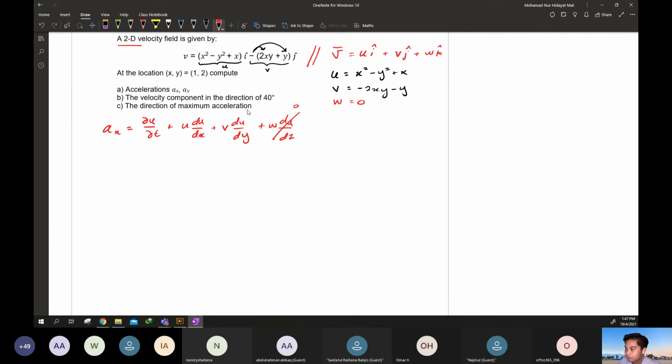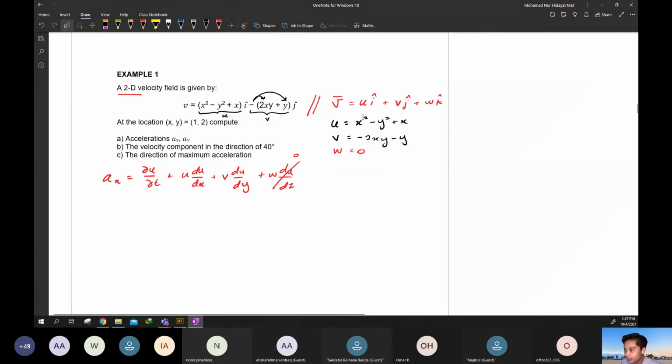Do we have any unsteady state? Can you see here, do our u and v components depend on time? No, right? We only have space. So do you think the partial derivative of u over t should be cancelled?